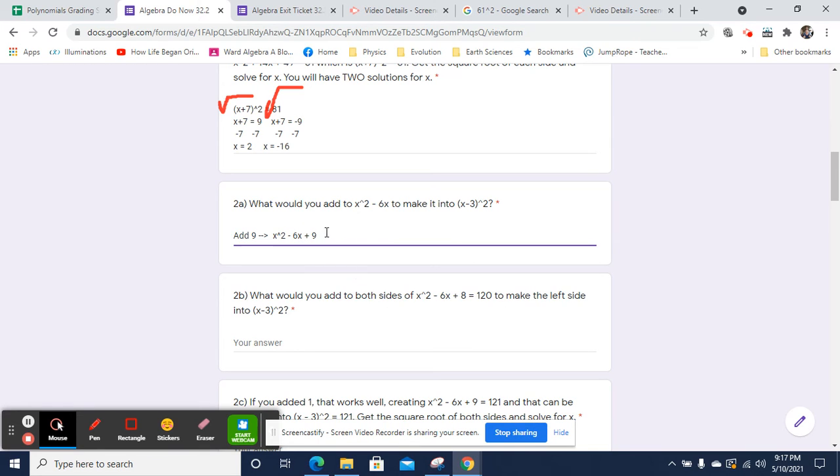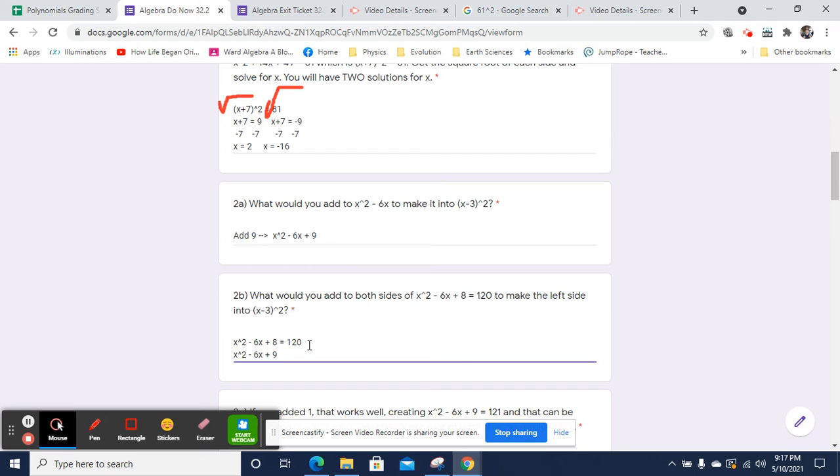Now we want to take x squared minus 6x plus 8 equals 120. We want to find something to add to that to make the left side x minus 3 squared. Well, x minus 3 squared is x squared minus 6x plus 9. We don't have to do anything to the x squared or the negative 6x. We just have to do something to the 8 to get it to be 9.